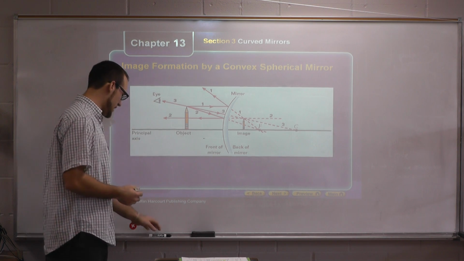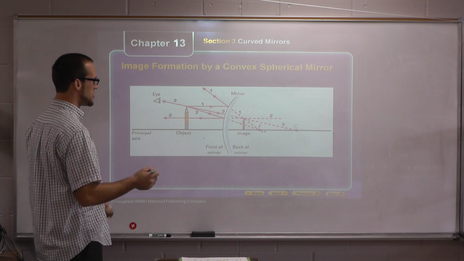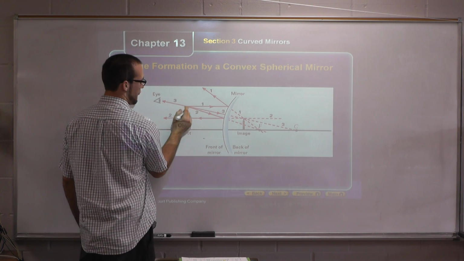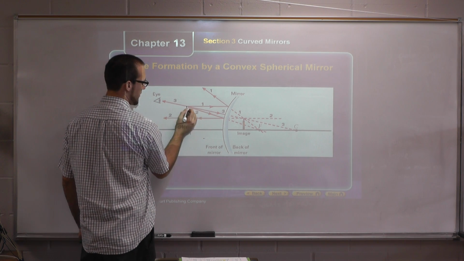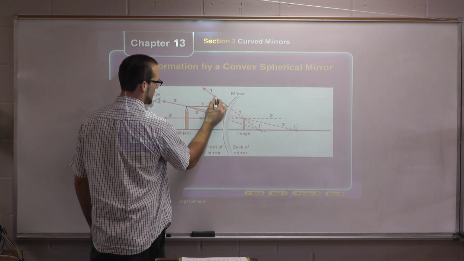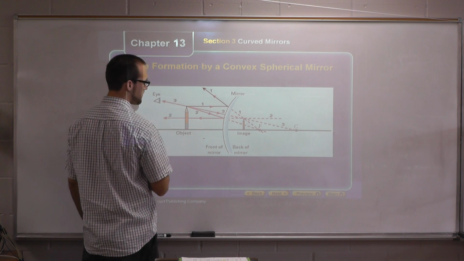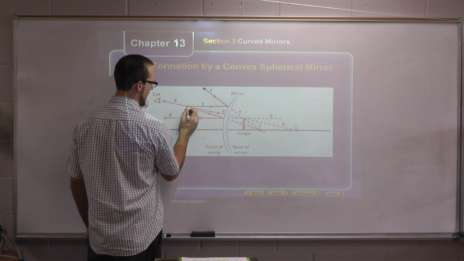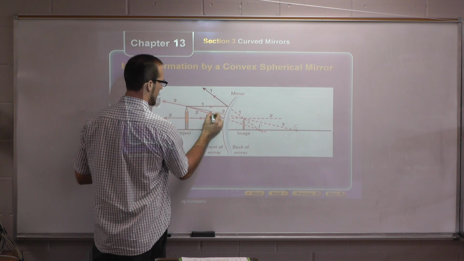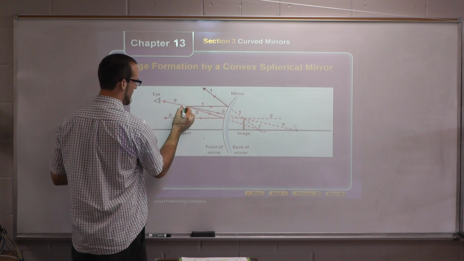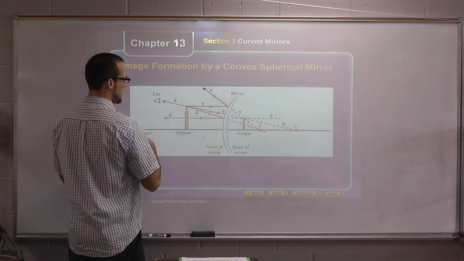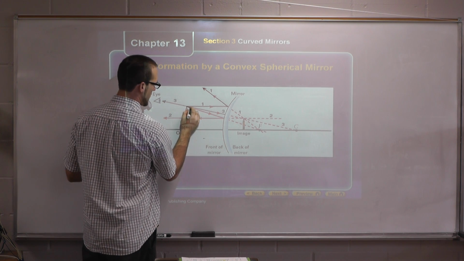I'm going to try to at least kind of show you all the rays here. All of these rays are coming from this point right here. Here's the first ray. It goes like this, and it gets reflected away. Using a different color, this one goes like this, gets reflected straight back. This last one is reflected from the same point.